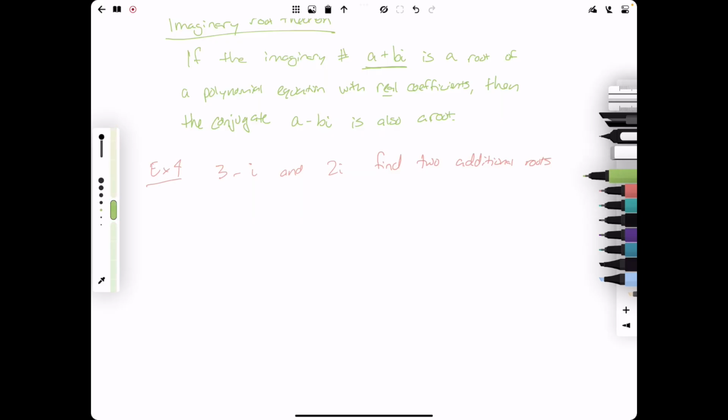The conjugate of 3 minus i is 3 plus i. And then what's the conjugate of 2i? Negative 2i. Yep. It's totally not meant to be incredibly difficult, right? So I have 1, 2, 3, 4 roots. It's also another 4th degree equation.